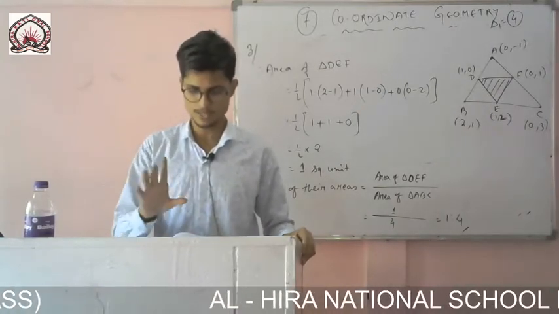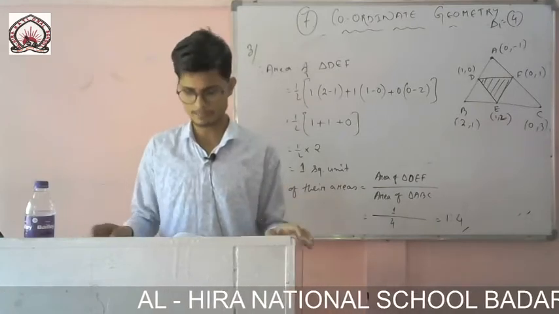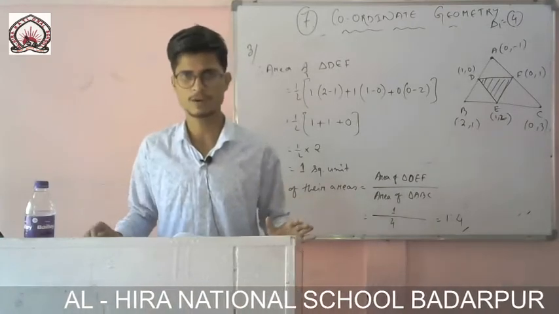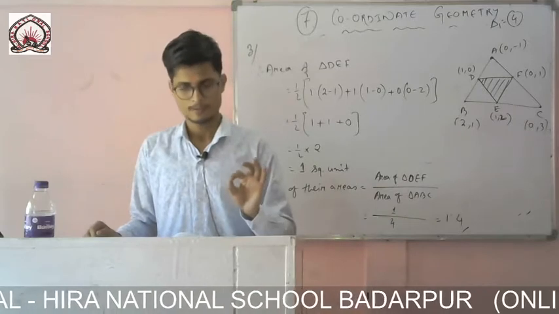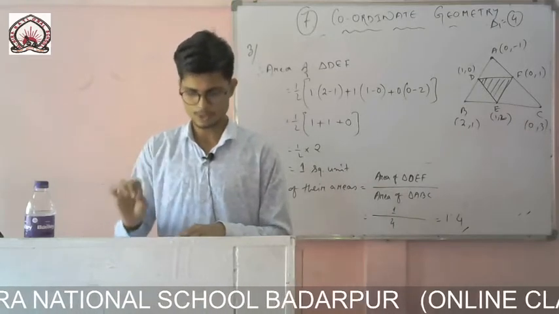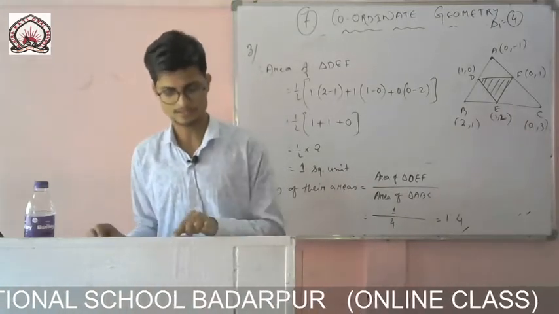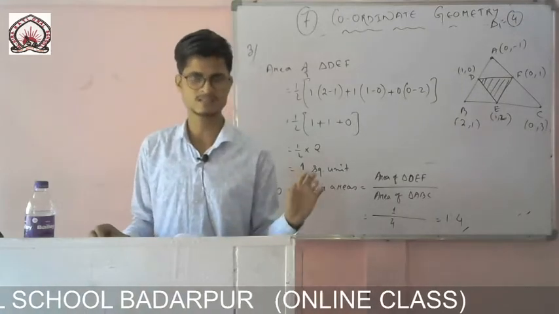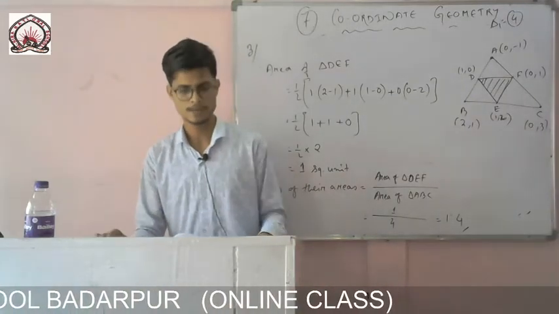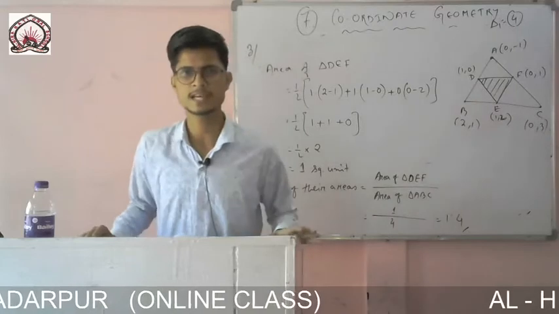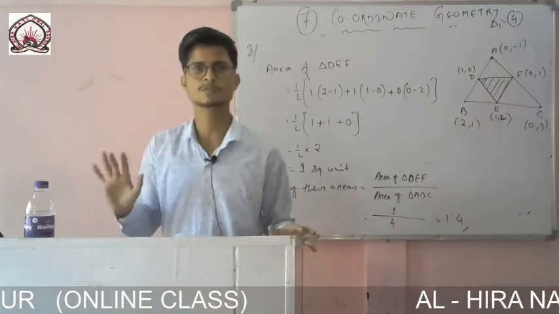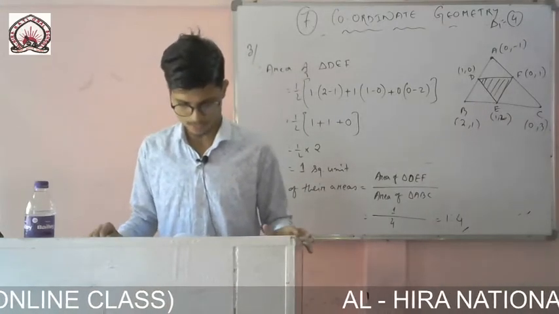It is a little unique. Sometimes in exam they may give like this and you will get confused after finding the answer. So if your procedure is correct, then you write like this. If the answer comes minus 2, then you write, since it is a measure, it cannot be negative, so minus 2 will be written as plus 2. So therefore the area of the triangle will be 2 square unit.